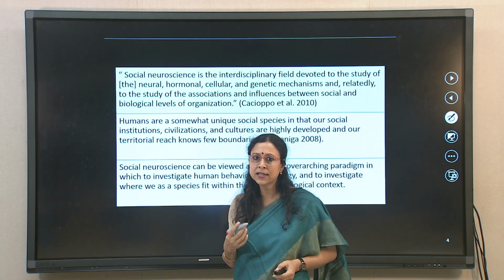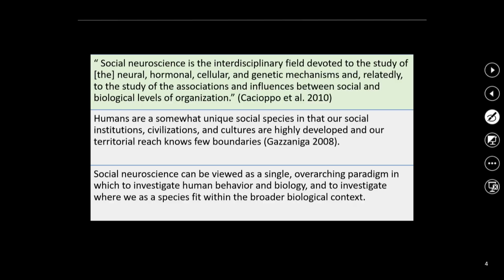So, social neuroscience. These are some of the definitions. Social neuroscience is the interdisciplinary field devoted to the study of neural, hormonal, cellular and genetic mechanisms, and relatedly to the study of the associations and influences between social and biological levels of organization. Gazzaniga has also talked about it. Humans are a somewhat unique social species in that our social institutions, civilization and cultures are highly developed and our territorial reach knows few boundaries.